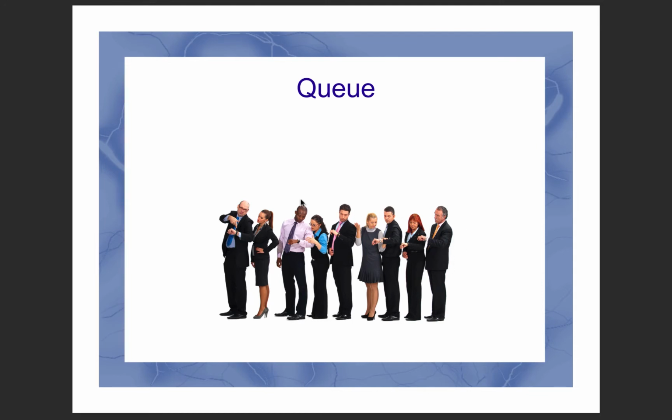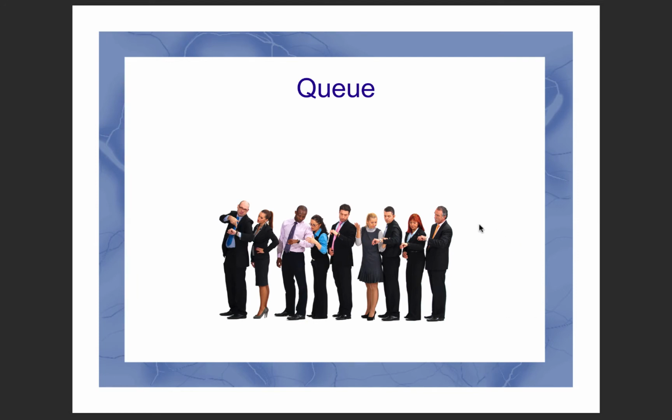And if somebody is to be accessed or removed from the queue, the first person will be served first, and the first person will be removed from the queue first. So this is the queue characteristic.